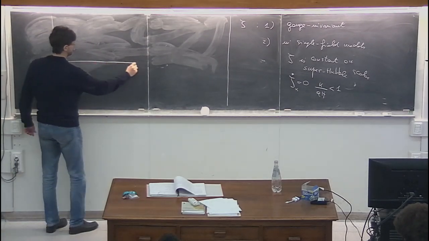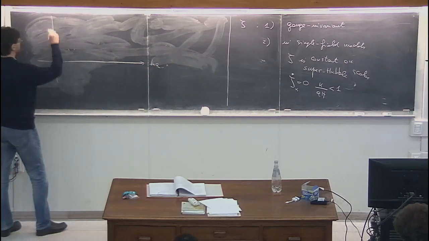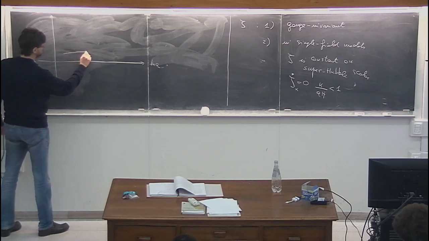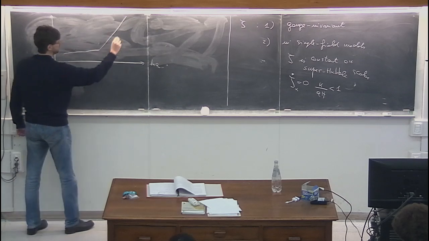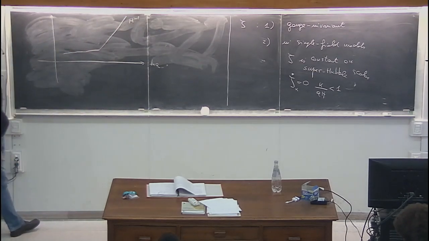So we have log of a here, let's say. Here we plot any quantity we like. We have the Hubble radius during inflation, and then inflation ends, and the Hubble radius starts growing. And in fact, it coincides, apart from a numerical factor, with the horizon.